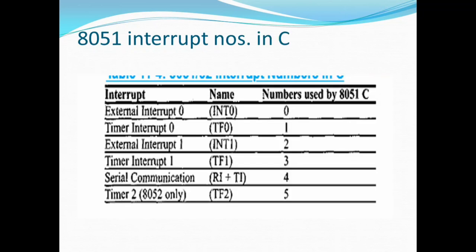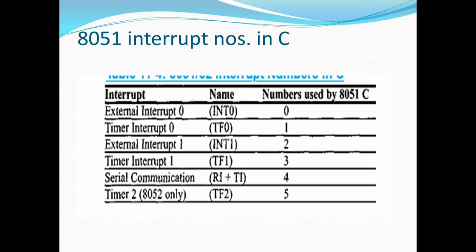Now this is a table which gives the interrupt numbers in embedded C. There are a total of 5 types of interrupts, and the numbers are assigned from 0 to 4. Since we are dealing with the timer interrupt, if it is timer interrupt 0, the number 1 should be assigned, and if it is timer interrupt 1, then the number 3 should be assigned.